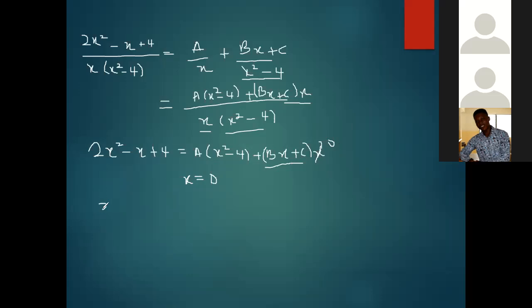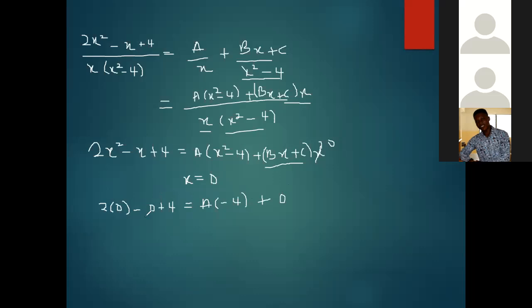So this will be 2 into brackets, 0 squared will be 0, minus 0 plus 4, equals a times minus 4, plus this whole term here is 0, like we said.